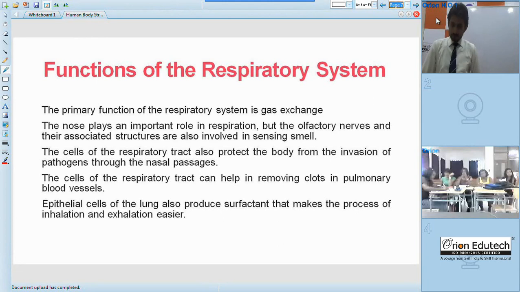So these are the functions of the respiratory system in which inhalation and exhalation take place. Inhalation means the body receives the required amount of oxygen from the environment, and exhalation means breathing out the carbon dioxide from our body into the environment.